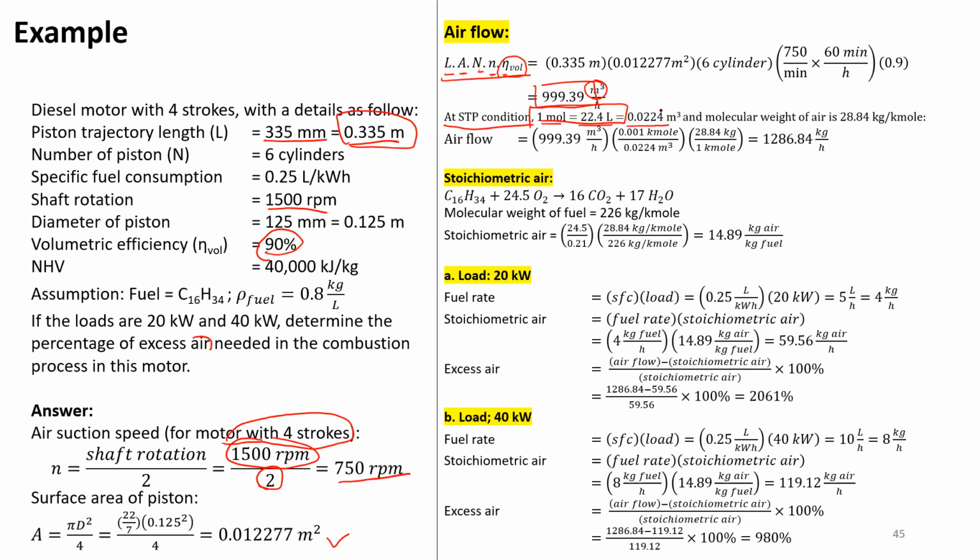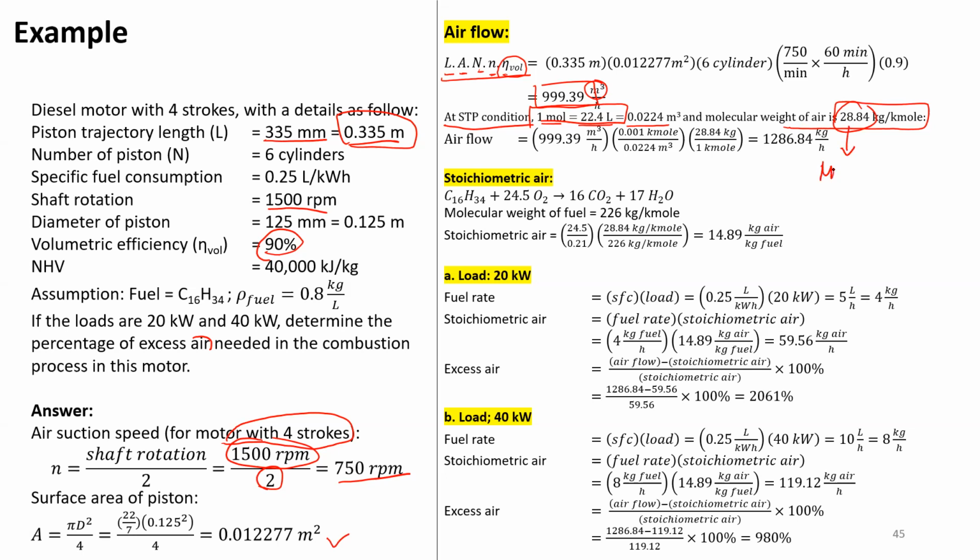And we can also assume the molecular weight of air is 28.84 kilograms per kilomole, or grams per mole, which is the same. So how do you get this one? Anyone knows? Why do we assume that the molecular weight of air is 28.84 kilograms per kilomole? It's the Mr of nitrogen multiplied by its composition in air, in mixed air, plus oxygen.